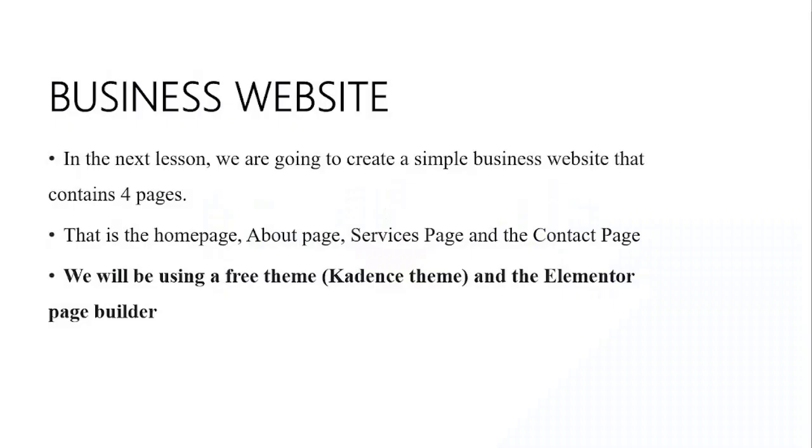In the next lesson we're going to create a simple business website that contains 4 pages: the home page, the about page, the services page, and the contact page. We'll be using a free theme, which is the Cadence theme, and the Elementor page builder to create this simple business website for our tutorial. So without wasting time, let's get going.